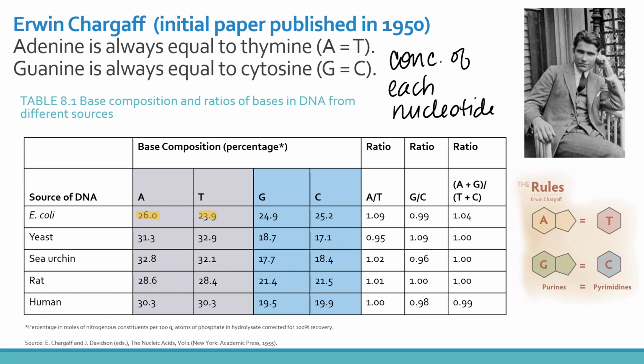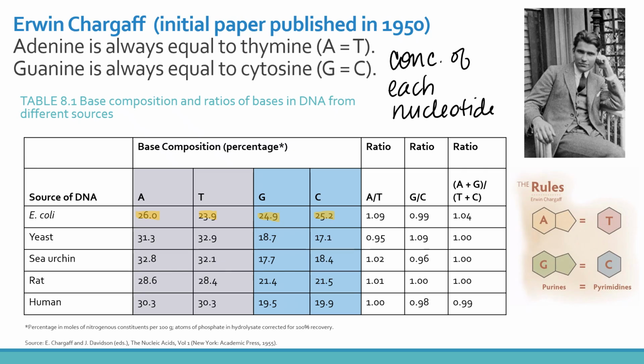And then he noticed that for guanine, 24.9%, 25% for cytosine. So he recognized that in each species, although the actual percentages varied, the percent of adenine was always similar to the percent of thymine, and the percent of guanine was always similar to the percent of cytosine. So no matter what organism he looked at, whether it was a bacteria or a eukaryote, he found the same data.